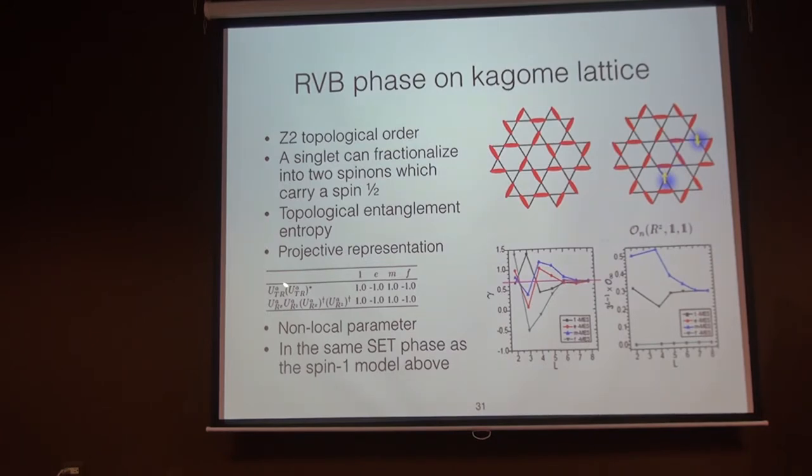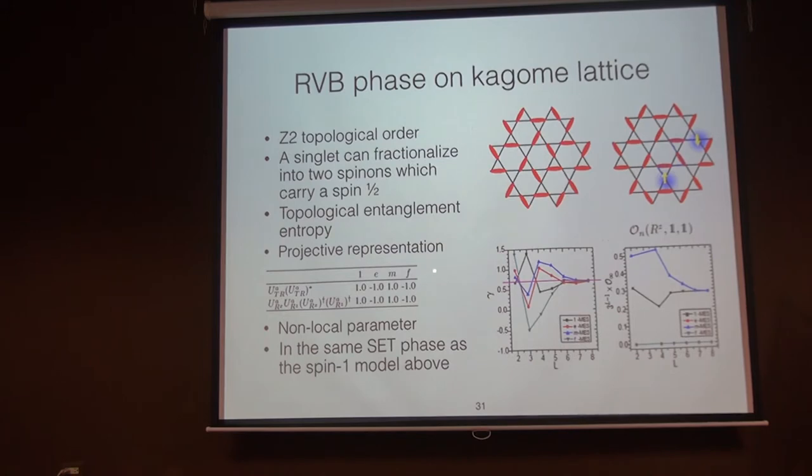And then also we can put our wave function on a long cylinder to obtain the topological entanglement entropy. It's close to log 2. So this phase is a D2 topological phase. And then we also can insert the symmetry operator, and then we can get the projective representation.